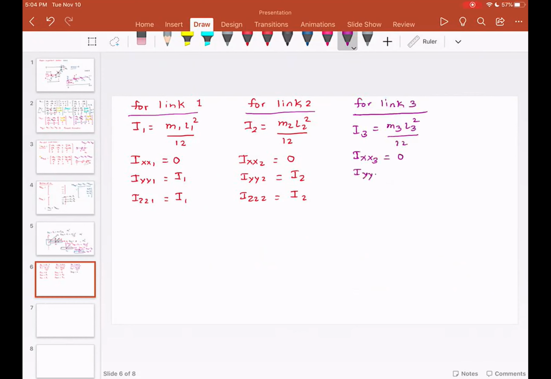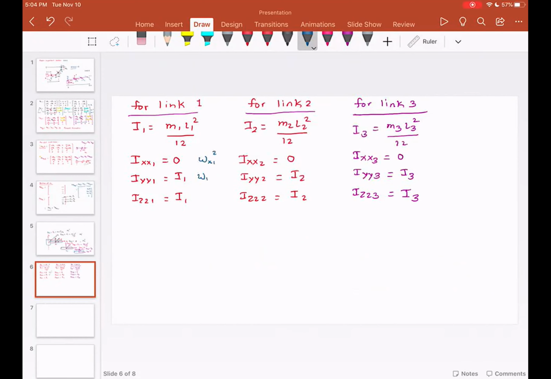IYY3 is equal to I3. IZZ3 is equal to I3. And this information will be needed when we try to find out the angular velocities. Because please note, Ixx will get multiplied with omega x1 square.